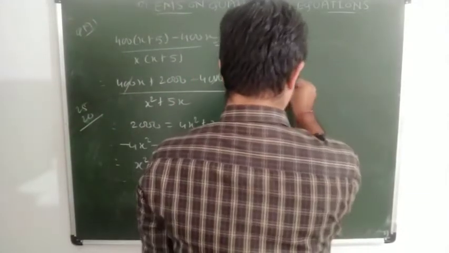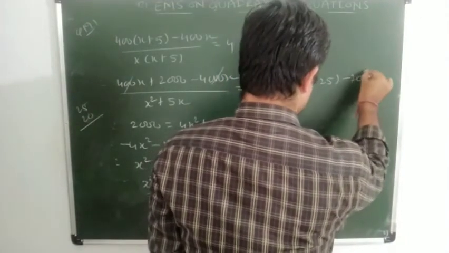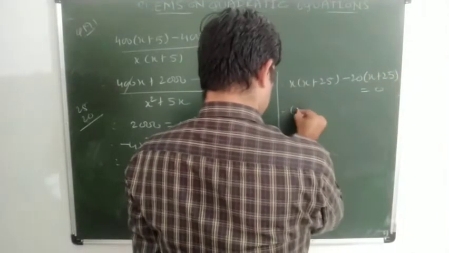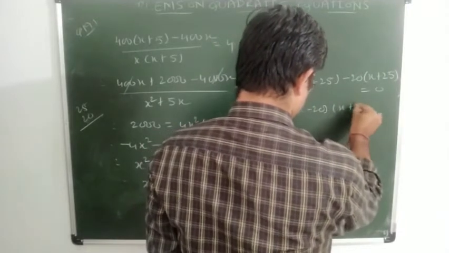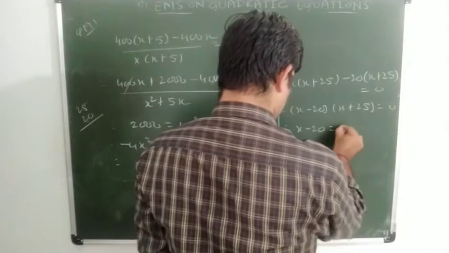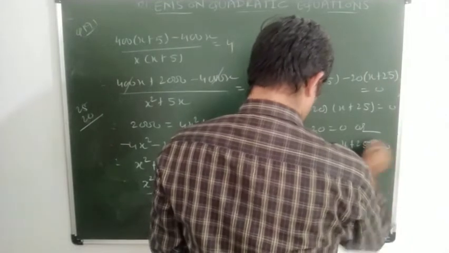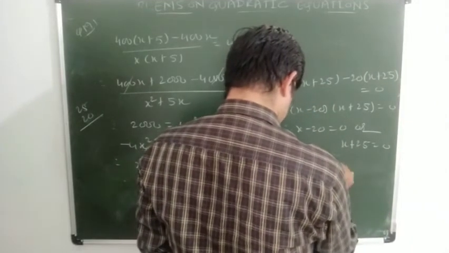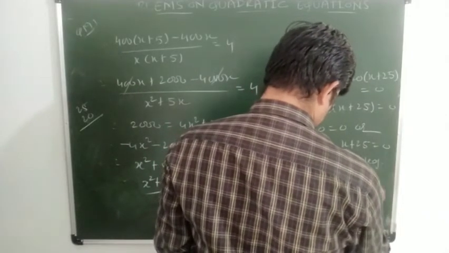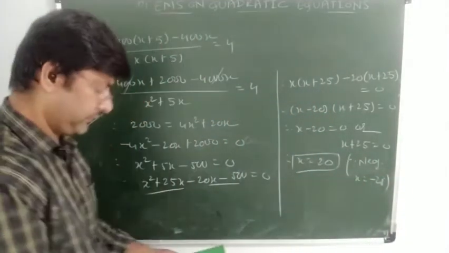Therefore x common, x plus 25, minus 20 common, x plus 25. Therefore x minus 20 into x plus 25 equals 0. Therefore x minus 20 equals 0, or x plus 25 equals 0, and therefore x is equal to 20, neglecting x is equal to minus 25.